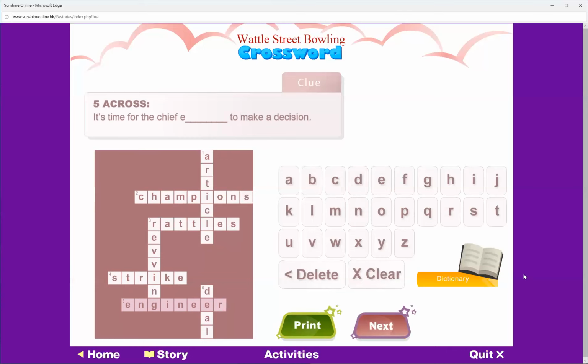You have finished the crossword. Click on Print to print your crossword or click Next to finish.